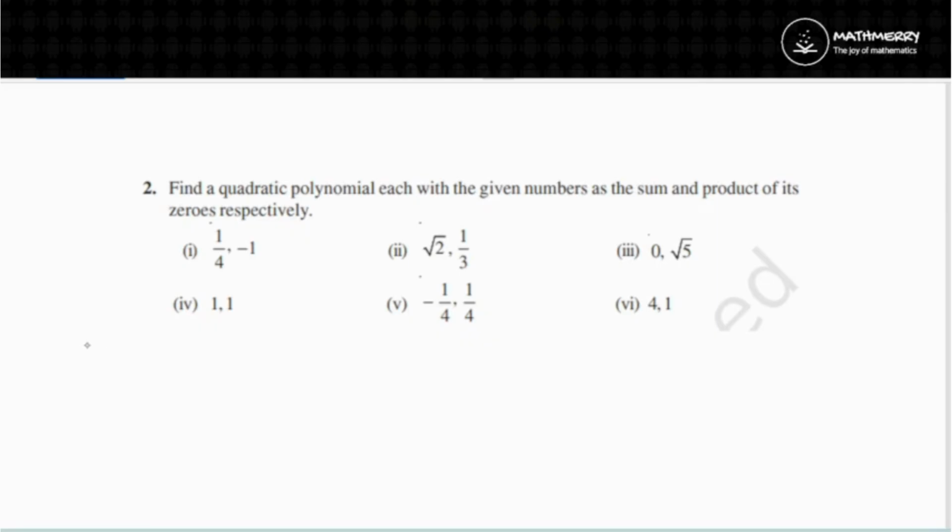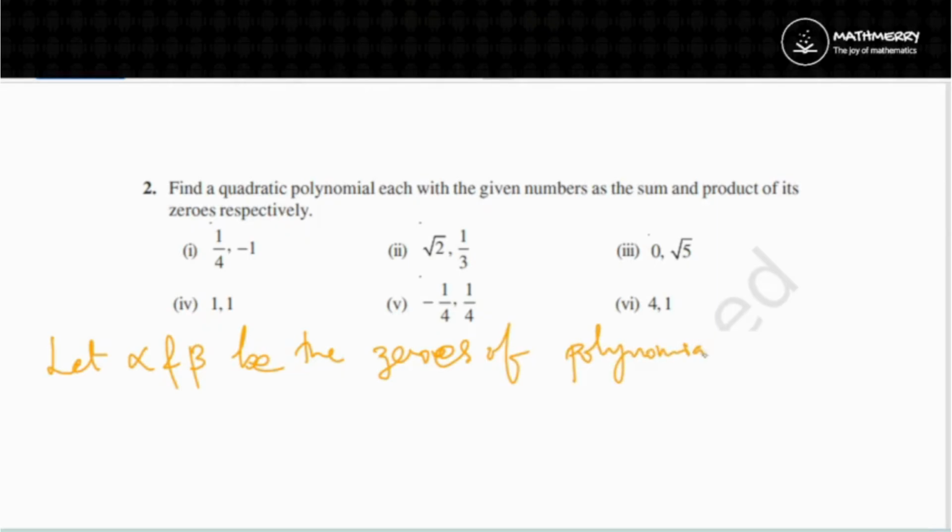So if we have a quadratic polynomial ax square, so let's just write, let alpha and beta be the zeros of polynomial ax square plus bx plus c. Okay, then we have alpha plus beta is equal to 1 by 4 and alpha into beta is equal to minus 1.